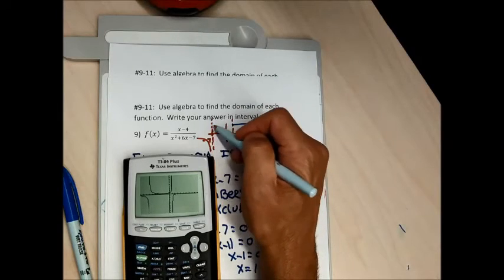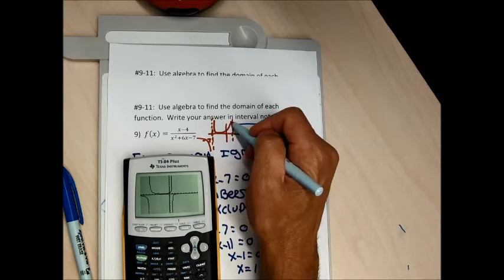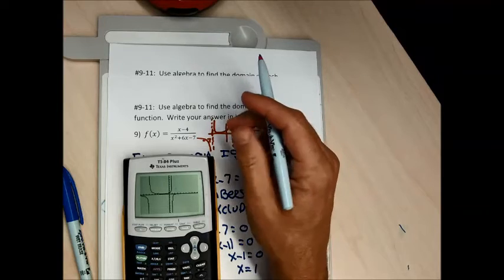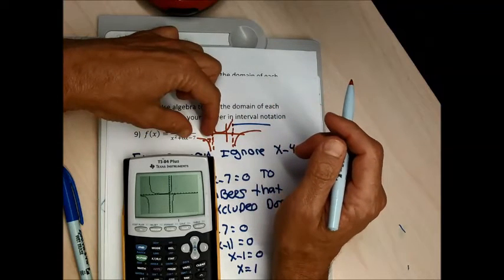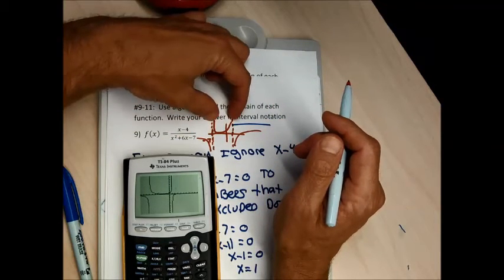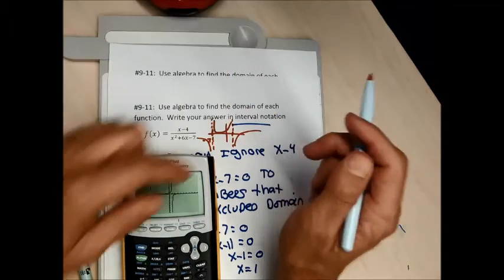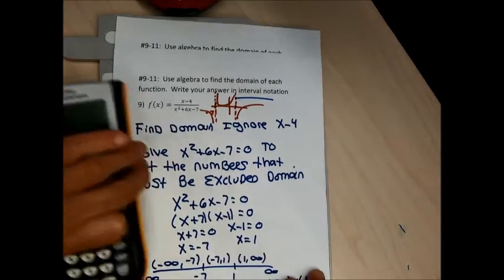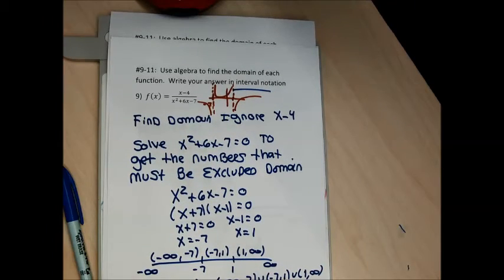Has this piece, and this piece. And so the graph has three chunks. The chunk from -infinity to -7, the chunk from -7 to 1, and the chunk from 1 to infinity. These numbers here show me where the graph has breaks in it. When I go to find the domain, those numbers are where the asymptotes are.